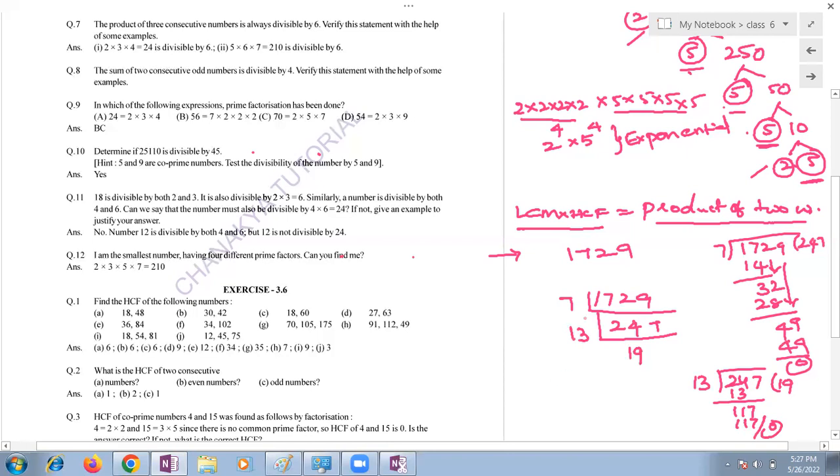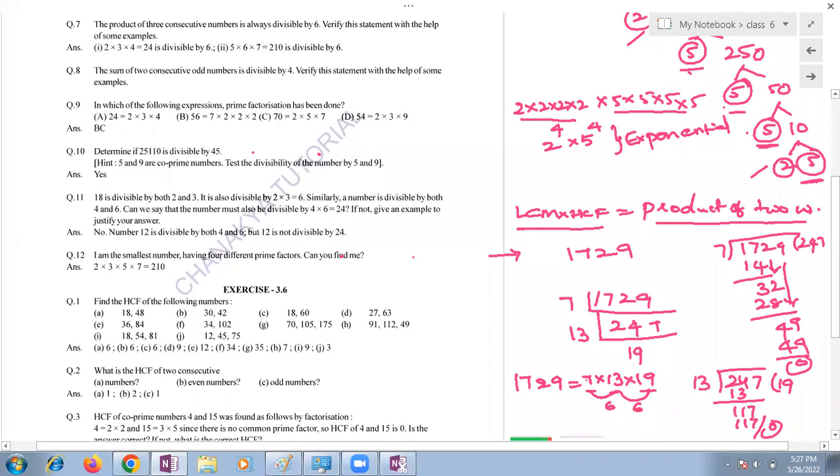Now you see here, what are the factors? How can we express this number, children? 7 multiplied by 13 multiplied by 19. If you see these numbers 7, 13, 19, the difference between 7 and 13 is 6, and even between 13 and 19 it is 6. Yes or no?